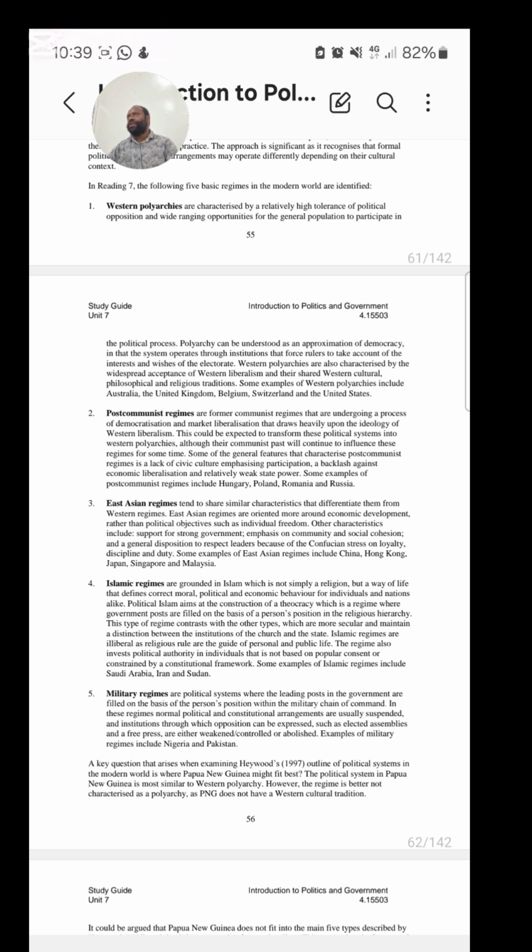Now let's try and analyze this paragraph here. First of all, highlight the first sentence here, especially this. In a Western polyarchy system, you would find there is high tolerance of political opposition. Okay, this is in regards to, let's say, free speech, freedom of association.